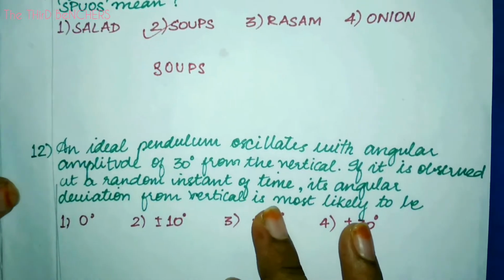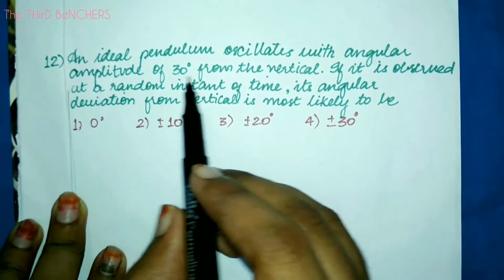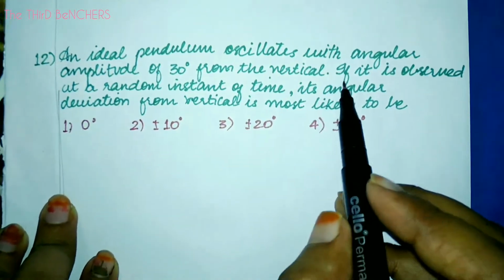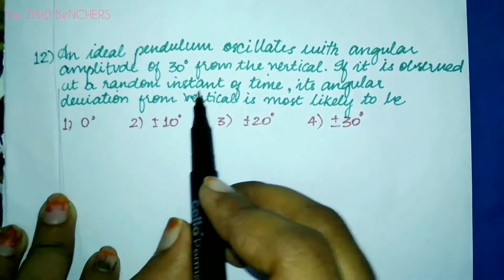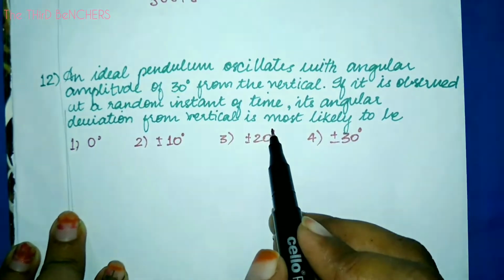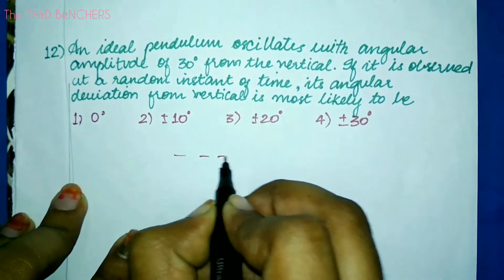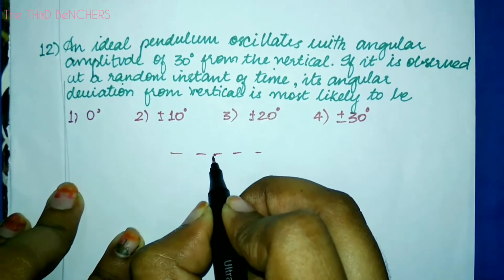Next. An ideal pendulum oscillates with angular amplitude of 30 degrees from the vertical. If it is observed at a random instant of time, its angular deviation from vertical is most likely to be? So, an ideal pendulum. Let us draw a pendulum.